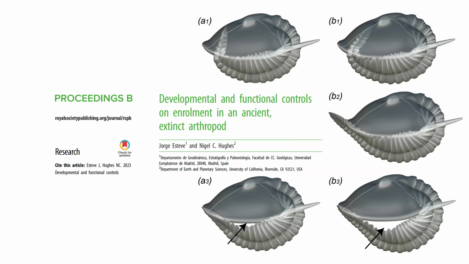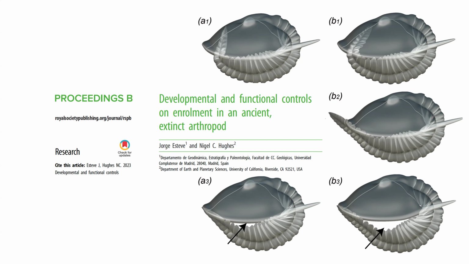Next slide, please. And there are really three options for it if it were to enroll with that number of segments. Either you could have it not effectively enrolling with a gap at the side, but that defeats the whole purpose of rolling up. Or you could do, as I showed you in that model, shoving the tail plate into the head capsule, but that seems unlikely.